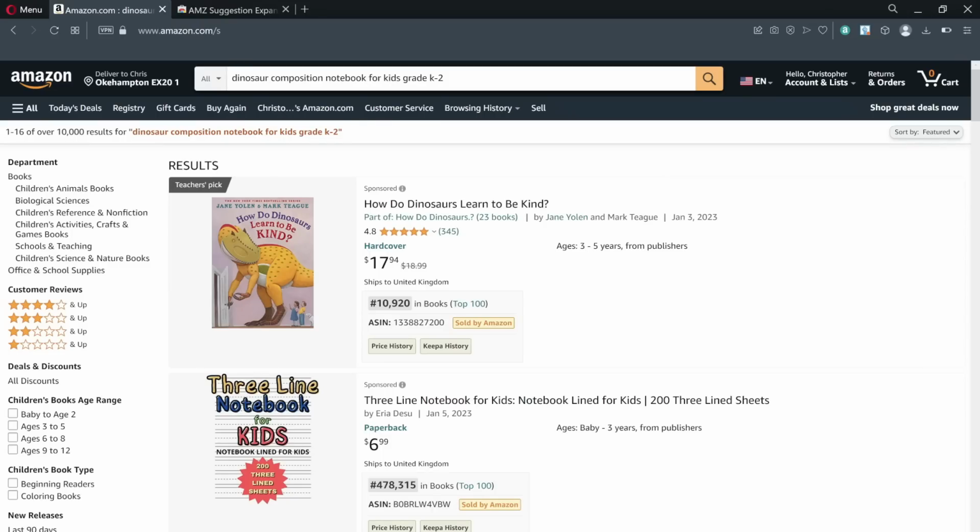So whilst you might rank on the first page for Dinosaur Composition Notebook for Kids, over time, if you make enough sales, you might start ranking for just Dinosaur Composition Notebook and variations of that search term as well. Okay, so I'm not going to say that's guaranteed to happen, but I have noticed that in the past, and I notice it with my other books as well, that eventually you do start getting ranked for variations of your keywords in the future.